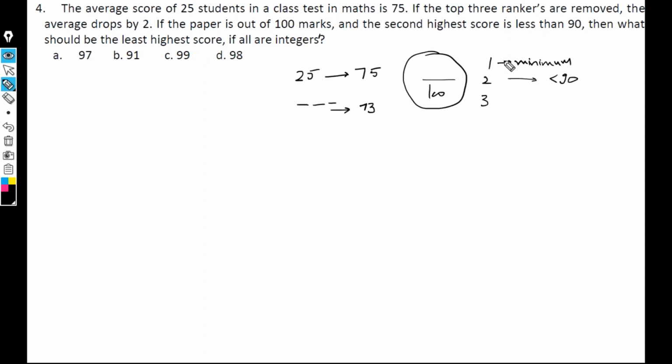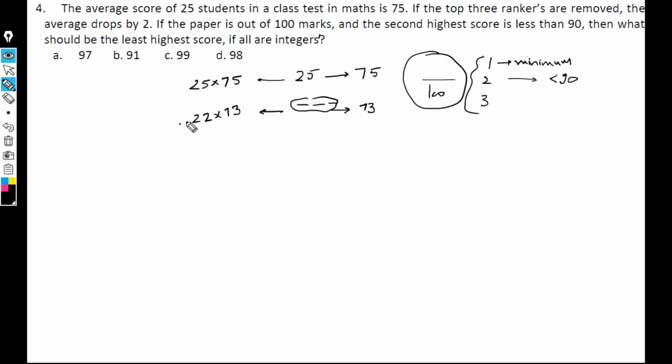So guys, in this case, first of all, we have to observe what will be the total score of the top three scorers. One way of doing this will be that the average of 25 is 75, so the total will be 25 into 75. On the other side, when three people are removed, left over are 22 and their average is 73.